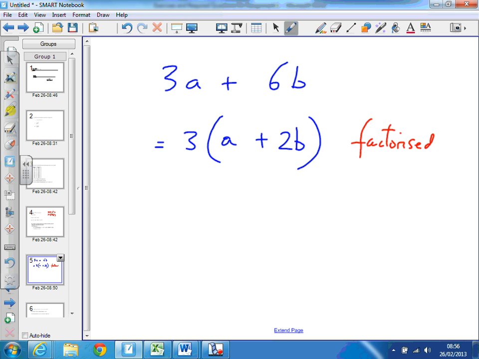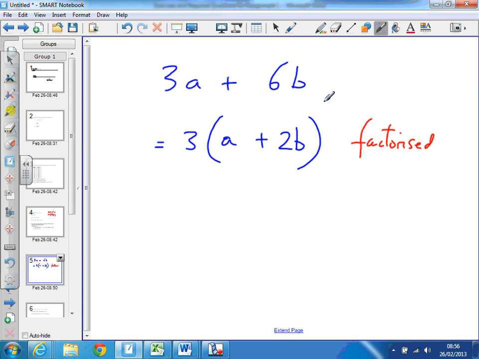It means look for a common term in an expression. This is an expression. Look for a common term in that expression. And if you can find one, you can take it outside the bracket. And in that way, we might say it's simplified. And when you do that and why you do it becomes more obvious the more you do.